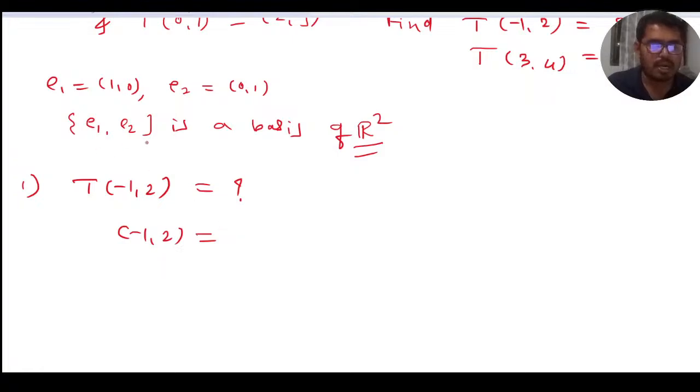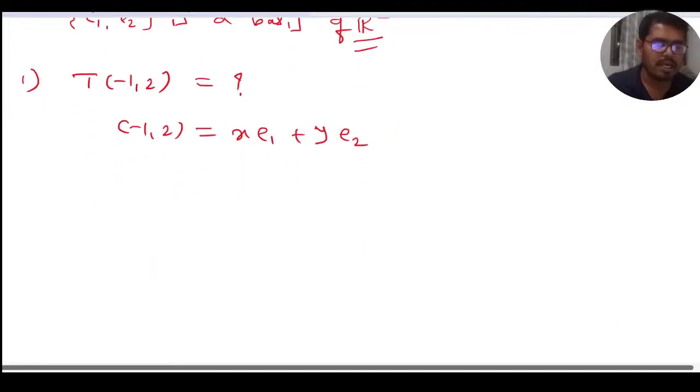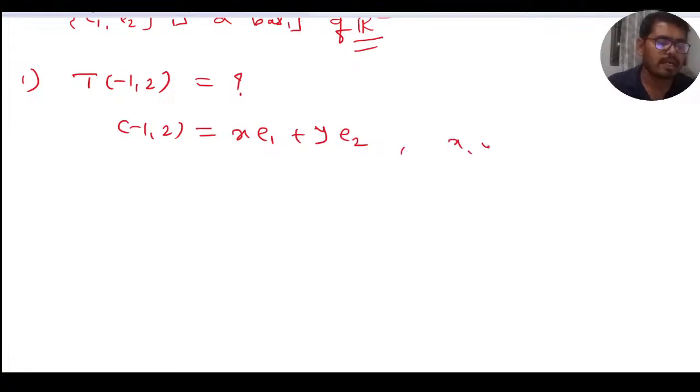Since E1, E2 is a spanning set, by the definition of a spanning set we can write -1, 2 as a linear combination of E1 and E2: x times E1 and y times E2, where x and y are scalars. -1, 2 is any element in R2, and E1 and E2 are a spanning set, so it can be written as a linear combination of the spanning set vectors.